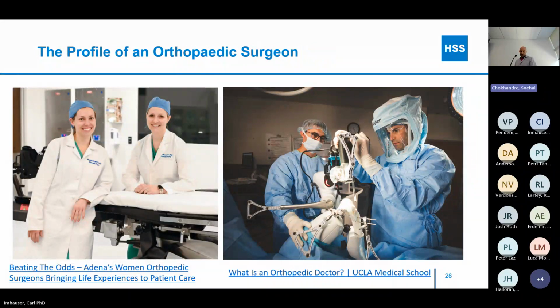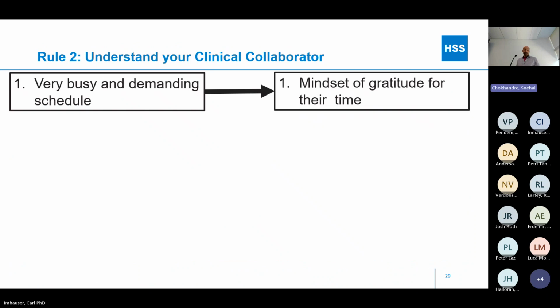And so I want to talk a little bit about the profile of a typical orthopedic surgeon. One, these individuals are extremely busy and they have very demanding schedules. So we're always very grateful when they make time to see us and talk to us. So we always have a mindset of gratitude, and we're overjoyed that we have this opportunity to work closely with our clinical collaborators to help address clinical problems.